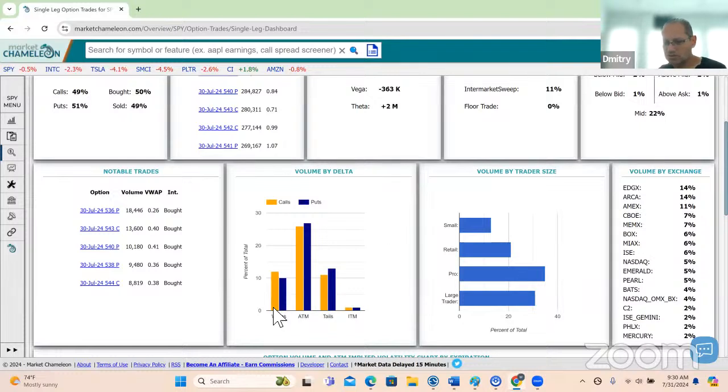So you could see here that's where the concentration was. In SPY, I think the tails also tend to be a bigger percentage of the volume than we see typically in other stocks, because there's a lot of closing out of options as well that are deep out of the money. So that's volume by delta.